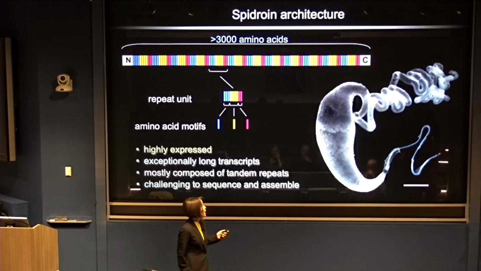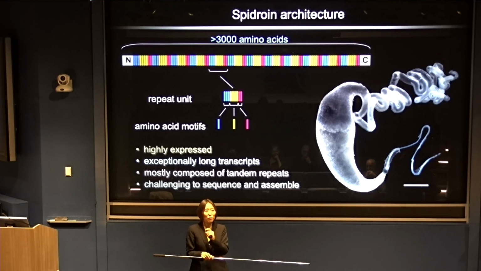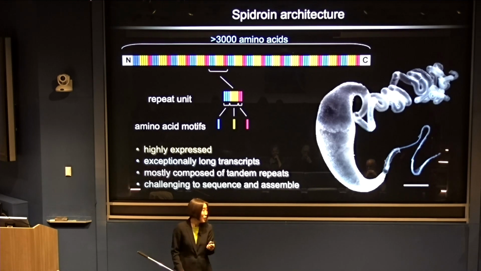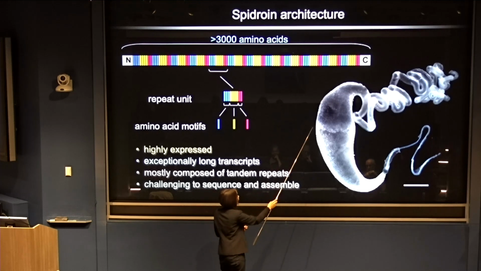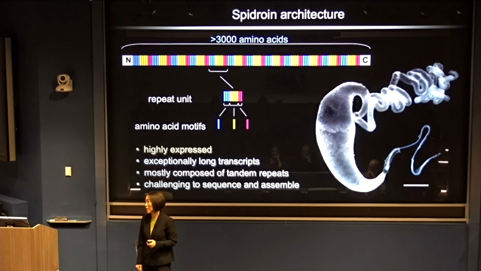I'm going to show you that this repetitive region, the boxcars on the train, can evolve wildly different sequence, but the N and the C, the head and the tail of the train, have more conserved sequence, and that has to do with the actual processing of the silk dope. That seems to be a common feature of all spidroins.